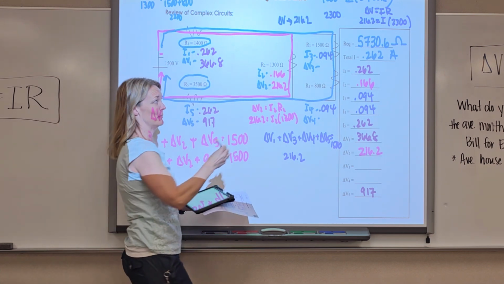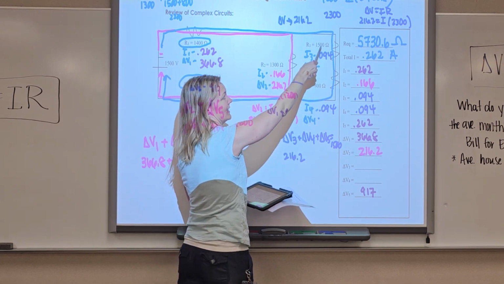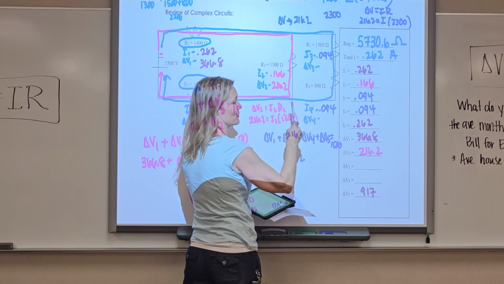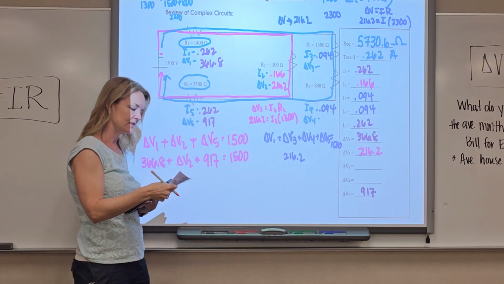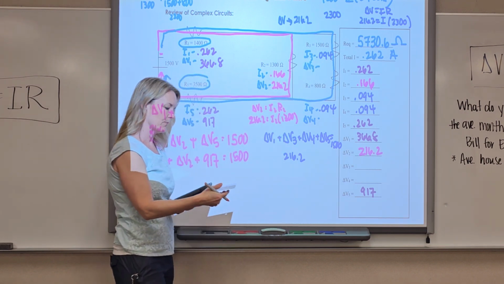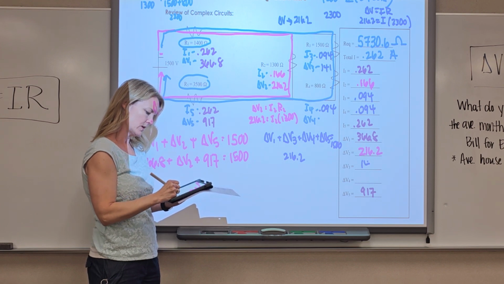My last step to find how the voltage splits between them: I take the I and multiply it by the R to get this V, and I take the I, multiply it by the R to get that V. So if I take 0.094, multiply it by 1500, I get 141 for the third one.